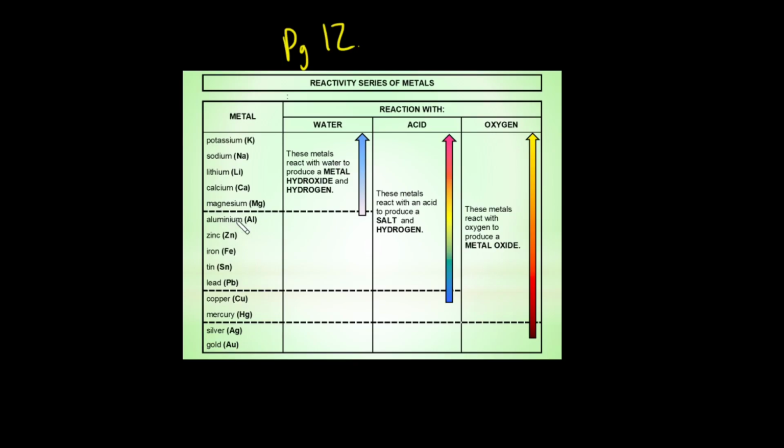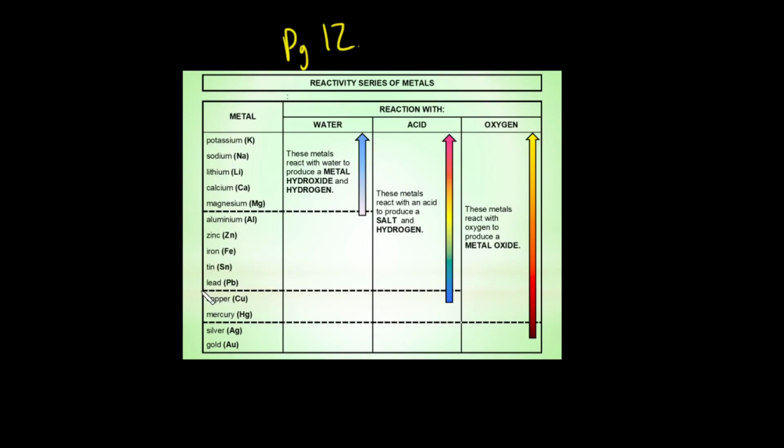Now, I would write this information on my data booklet just at the side on page 12. Put a wee line in between magnesium and aluminium and an arrow going up at the side, saying these metals react with water to produce a metal hydroxide and hydrogen.